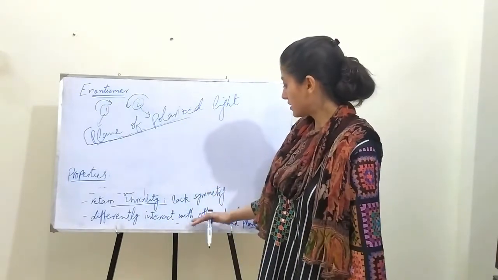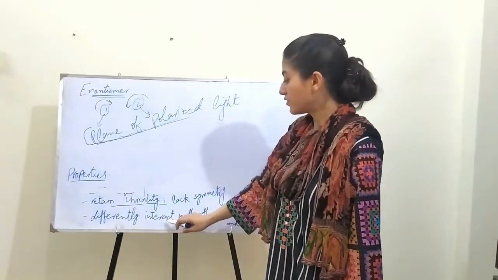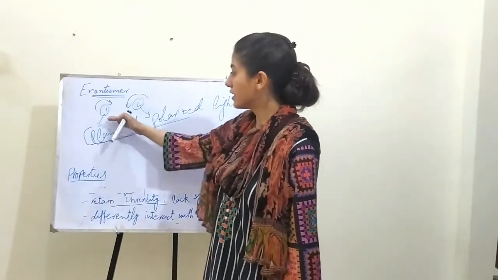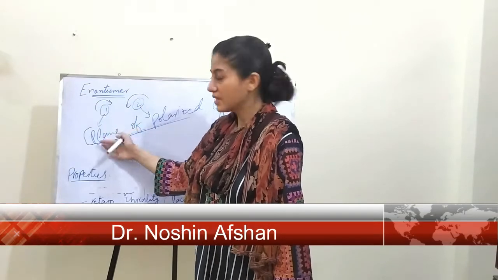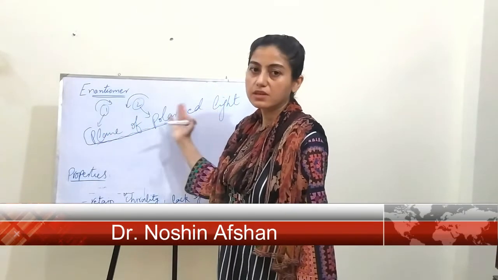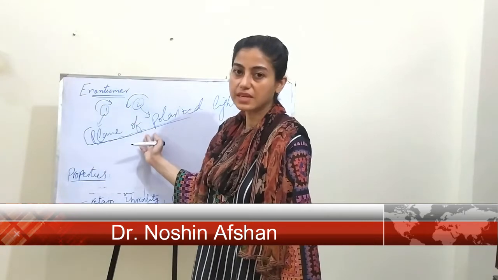So here we are studying their properties, that they would interact differently with plane of polarized light in the way that, for example, one isomer rotates the plane of polarized light in a clockwise direction and the other isomer rotates it in an anti-clockwise direction.